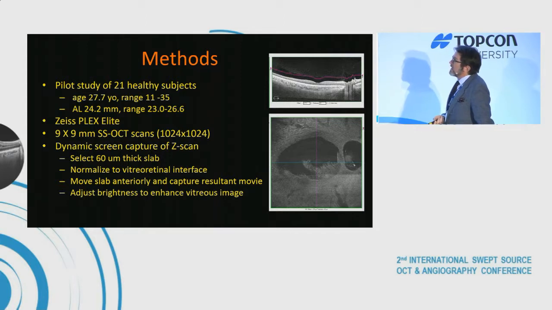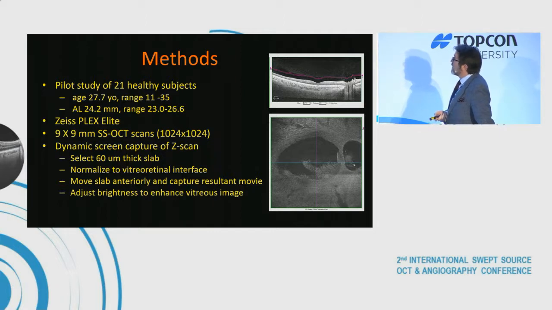We did a pilot study of 21 healthy eyes. Range was 11 to 35, so young patients with attached vitreous. The axial length revealed that these eyes were in the emmetropic and myopic range. This particular study was done with the Zeiss Plex Elite, and we examined 9 by 9 millimeter and 12 by 12 millimeter OCT scans.